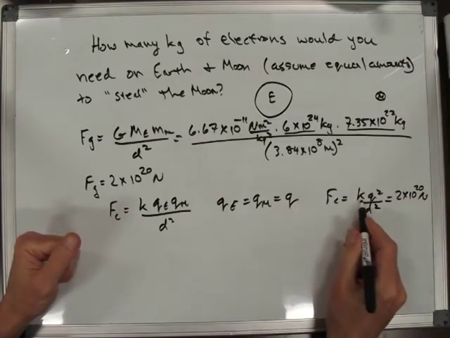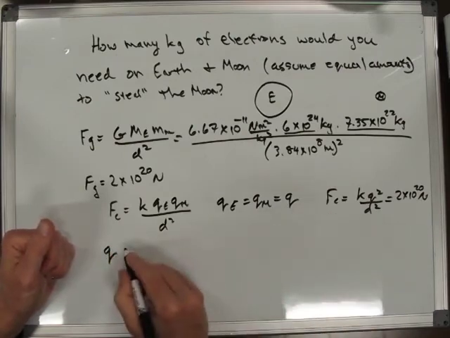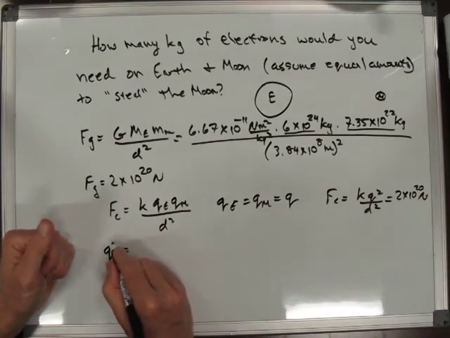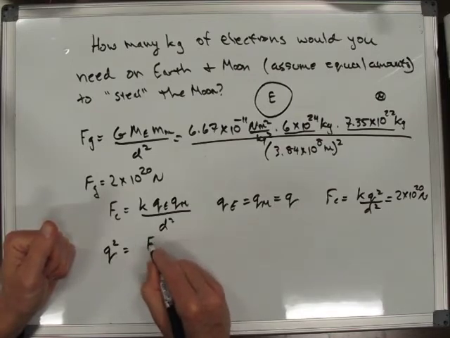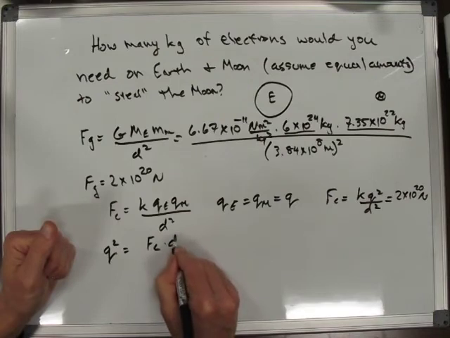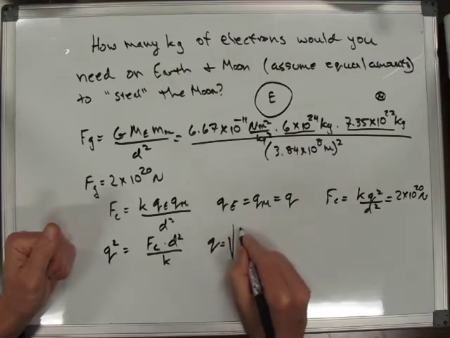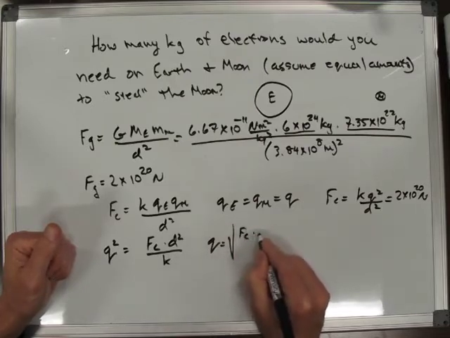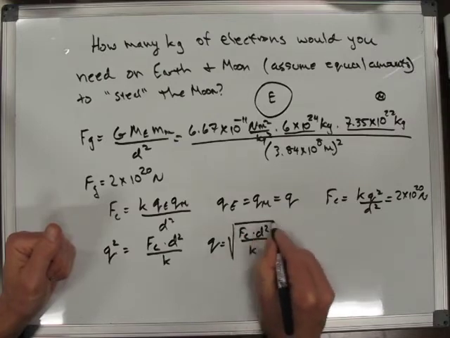We know D, we know K, and we're going to solve for Q. Q squared is equal to the Coulomb force times D squared over K, or Q is equal to the square root of the Coulomb force required times the square of the distance between them divided by the Coulomb constant.